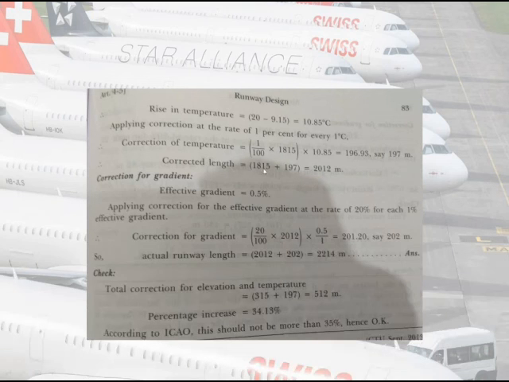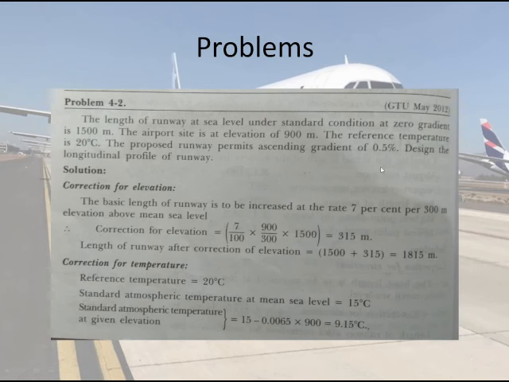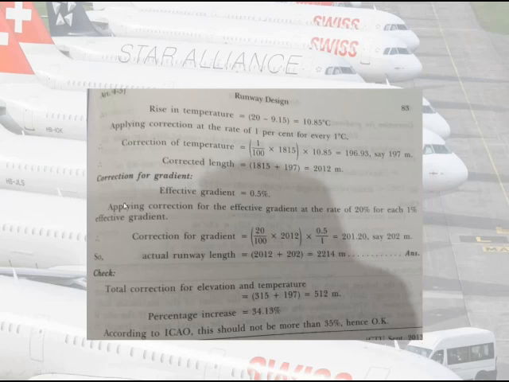Next type of correction we are applying is correction for gradient. The effective gradient is equal to 0.5%. This has been given in the problem itself: the proposed runway permits an ascending gradient of about 0.5%.